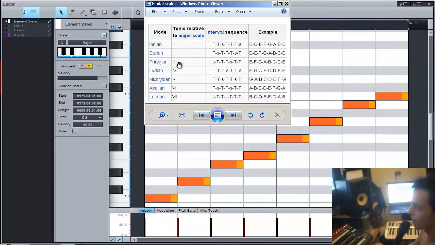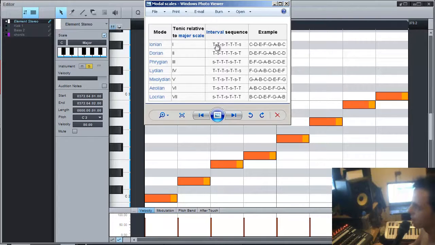And if we go to the third degree of the major scale, which is E, we find Phrygian mode. So the Phrygian mode in E has exactly the same notes as the C major scale, right? Exactly the same notes, only it starts at a different interval sequence, right?